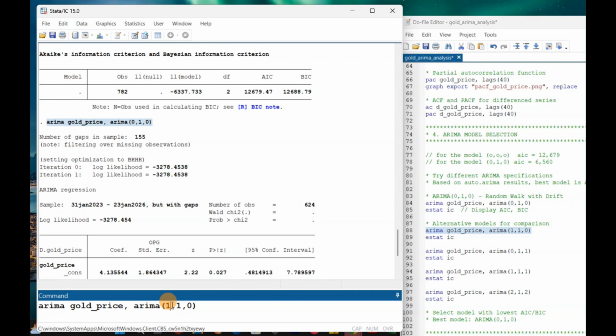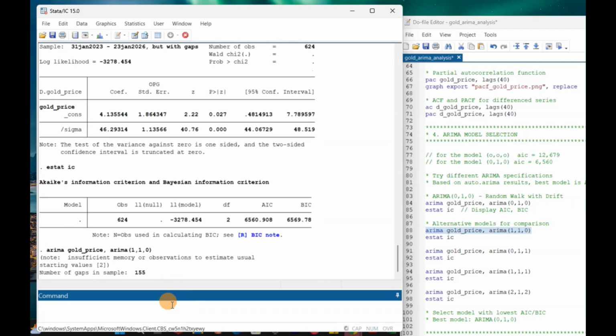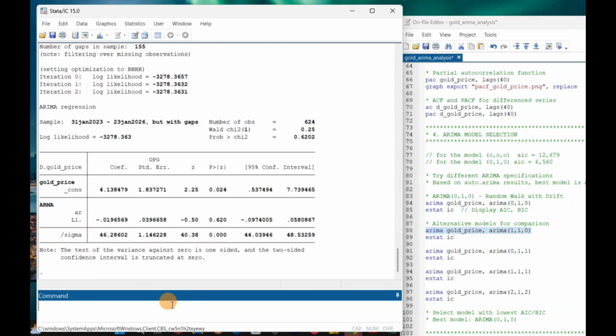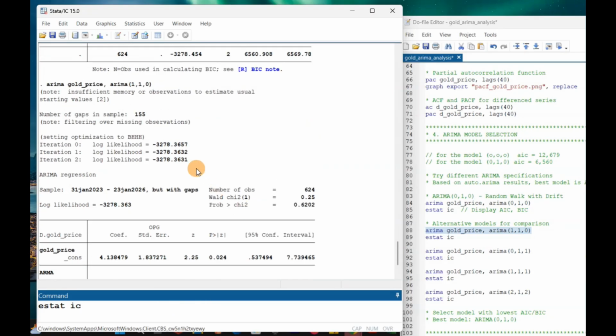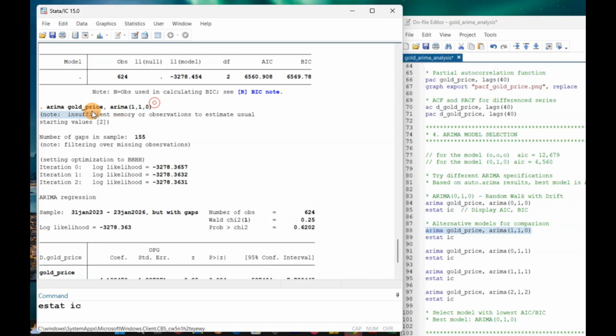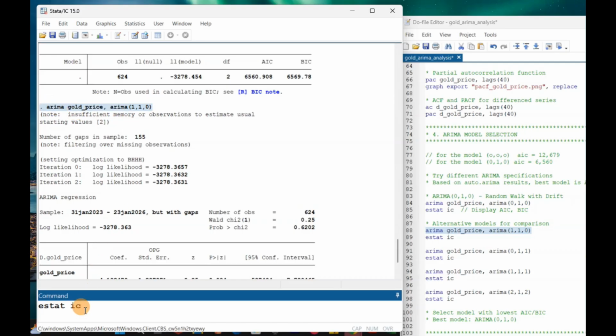Can you see the difference? No difference. There is no difference. So we are going to record the fourth model as similar to the third one. It will have the similar IC as the third one, because our archaic information criteria has a similar result to the third model.